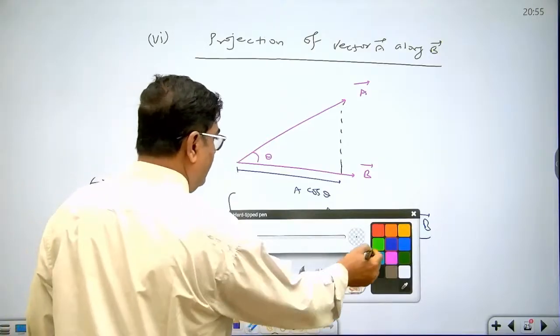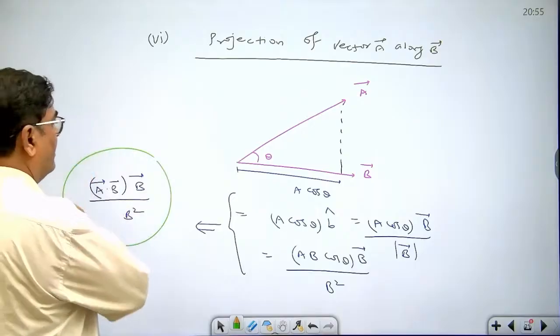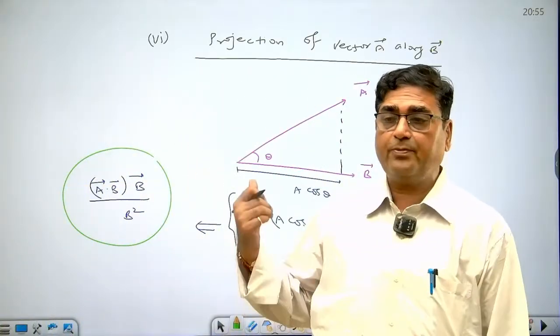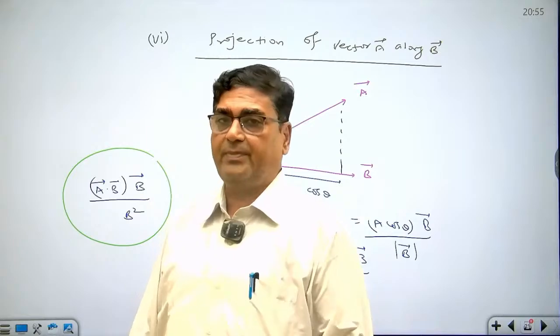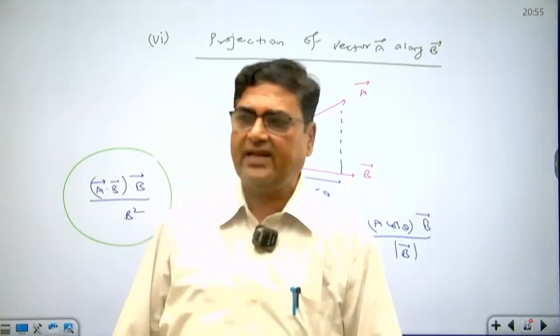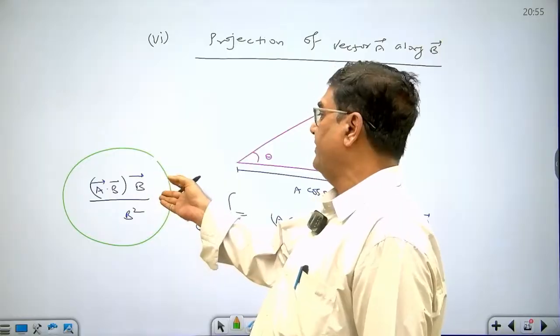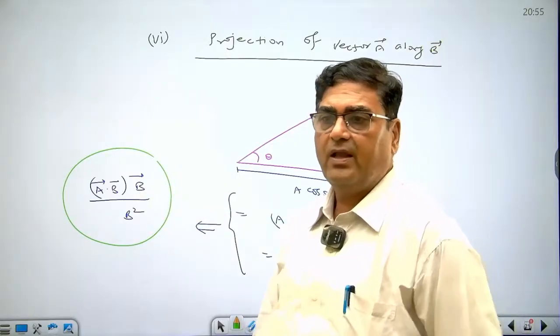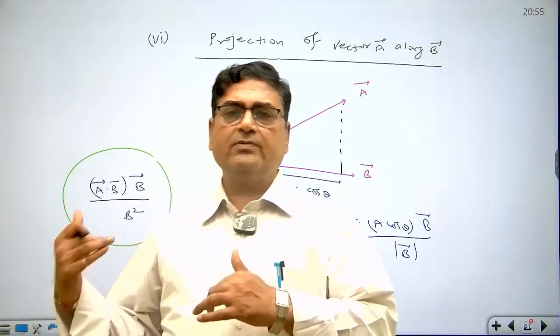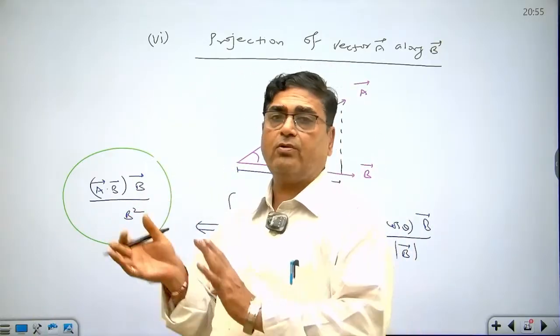So this is the projection of vector A along vector B. In a very similar way, you can find the projection of vector B along vector A. That will be A dot B, A vector upon A square. Now you can solve any problem by using all these concepts.